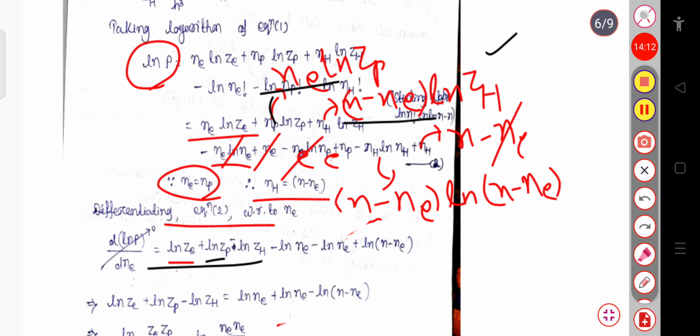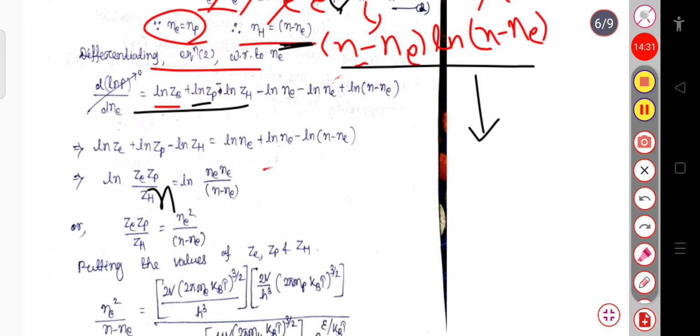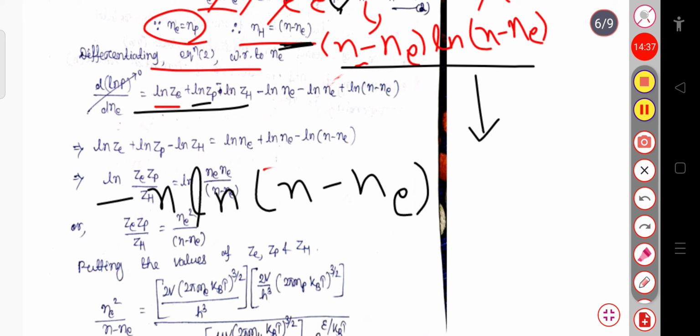Now splitting this expression, this is minus N minus Ne ln N minus Ne. So the first expression is like N ln N minus Ne, this is minus N minus Ne, minus minus gets plus Ne ln N minus Ne.